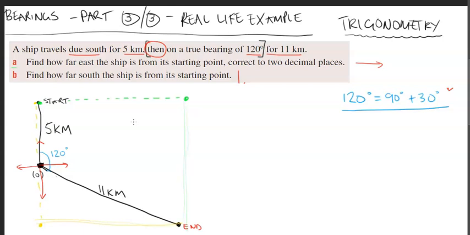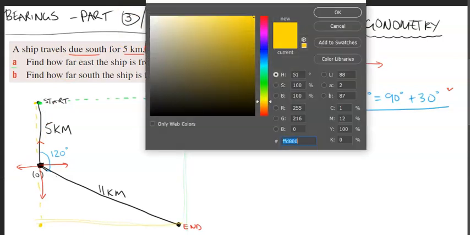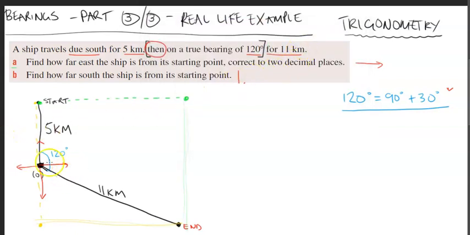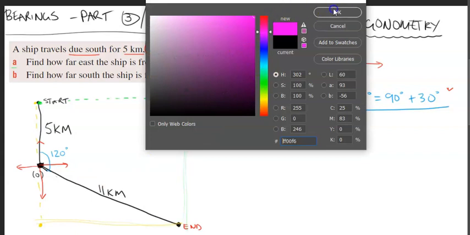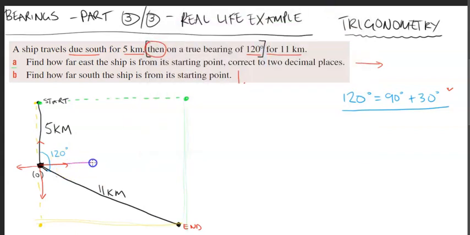All right, the very first thing I'm going to do is, it's not obvious to do, but I am actually going to draw a right angled triangle that goes from here to here.